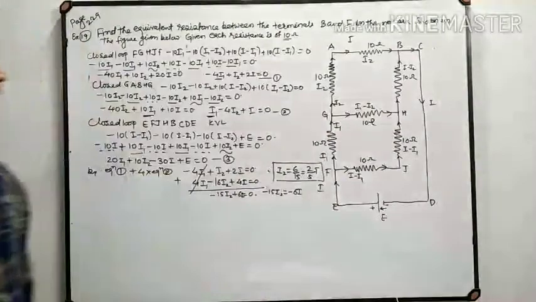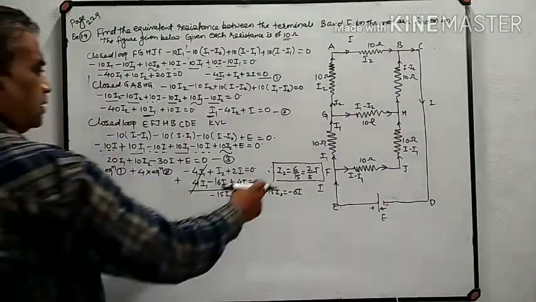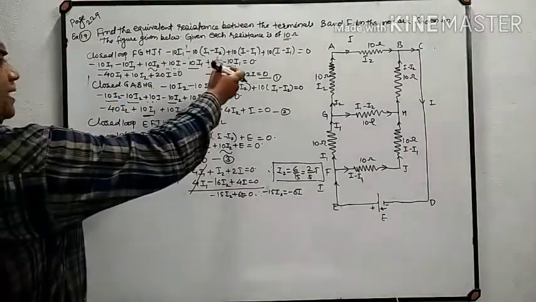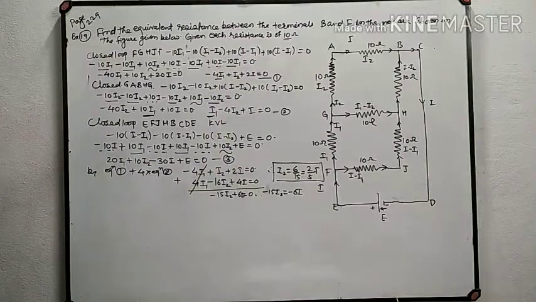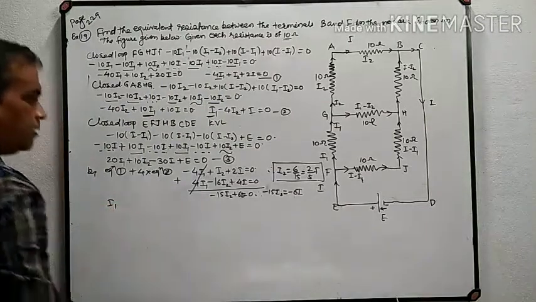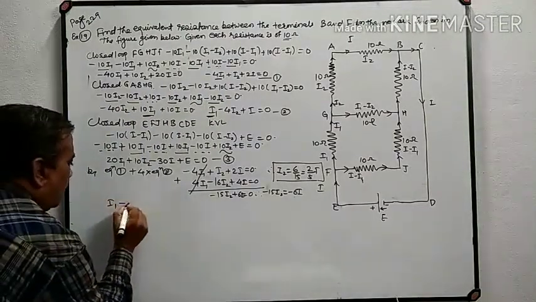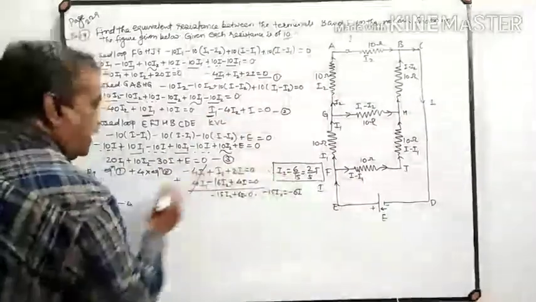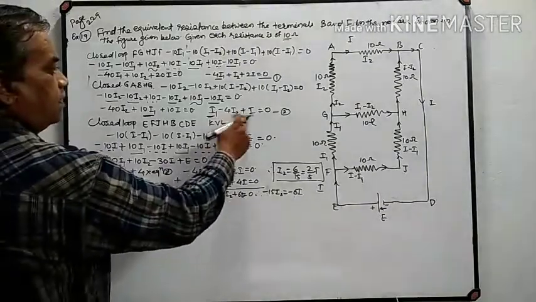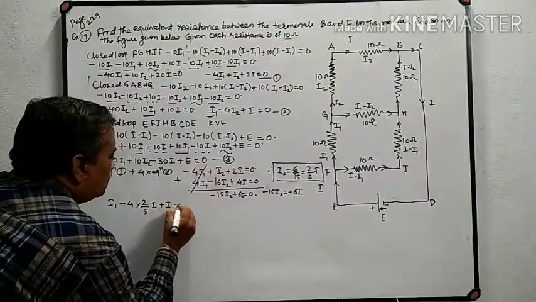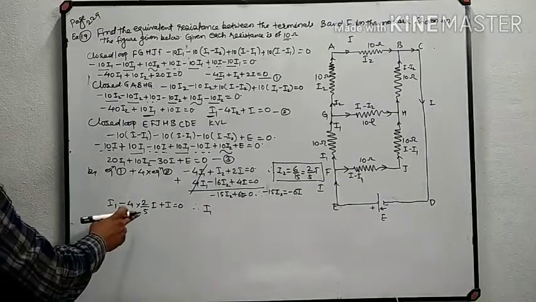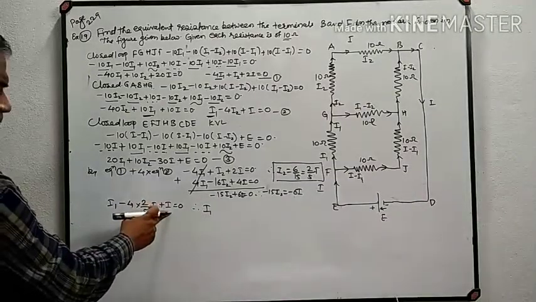Now put this value of I2 in either of the equations. You may put it either in equation number 1 or in equation number 2. I will put it in equation number 2. So what will I get? I1 minus 4 into I2, which is 2 divided by 5 I, plus I is equal to 0. Therefore, I1: 4 twos are 8, so minus 8 by 5, and here it is 1.